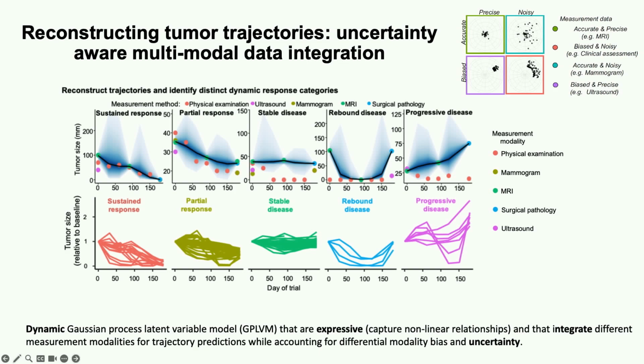What's the difference between a partial response and a sustained response? To me, it looks like the partial response is maybe a slower response, but still going down. In general, it's based upon the slope severity.